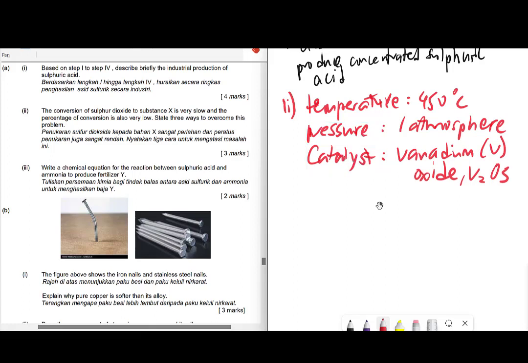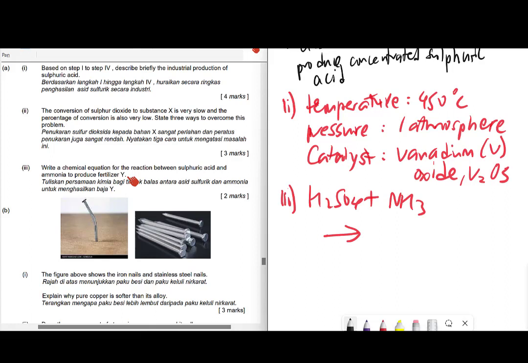Okay, now we go on to the third part, 3. Write a chemical equation for the reaction between sulfuric acid and ammonia to produce fertilizer Y. So sulfuric acid and ammonia, they want a chemical equation. So sulfuric acid H2SO4 plus ammonia NH3. I'm going to write on the next line here.